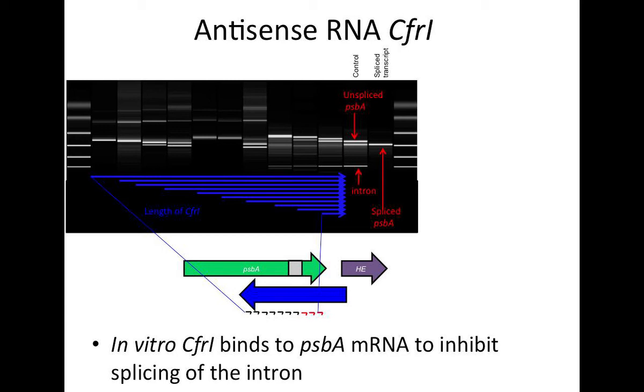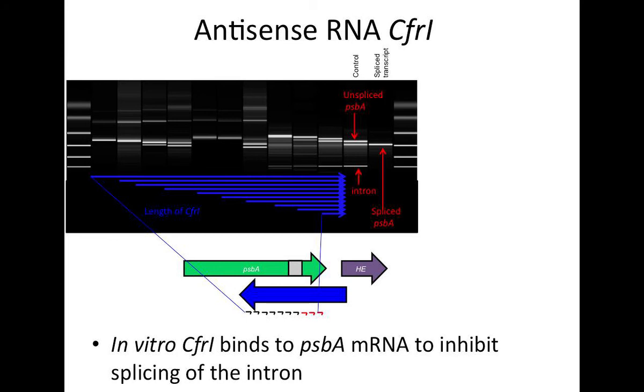So Rich Puxty, a talented PhD student, made a large number of transcripts of different lengths of this antisense RNA. And if we have a very short one, what we can see is here, this is a control. So this is a spliced psbA transcript. There's an unspliced psbA transcript. And this is the intron that is of interest.